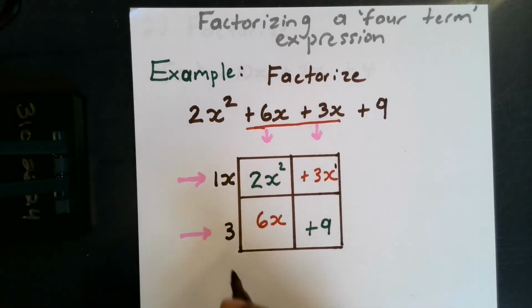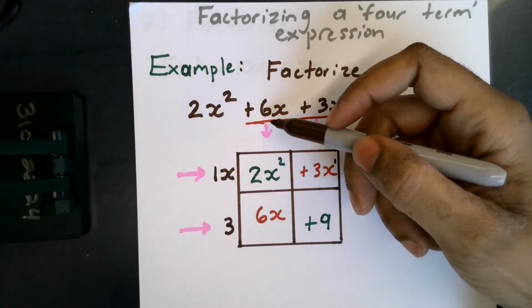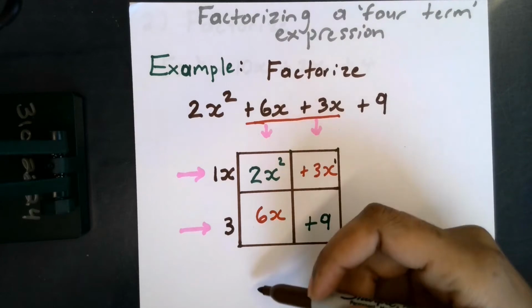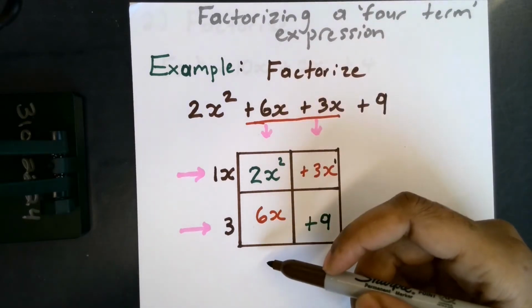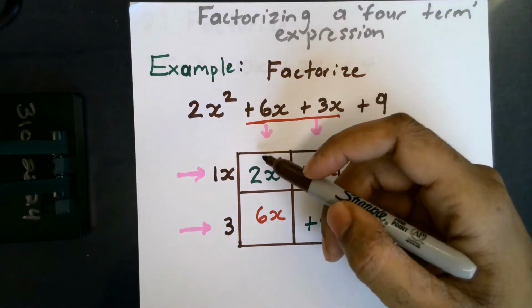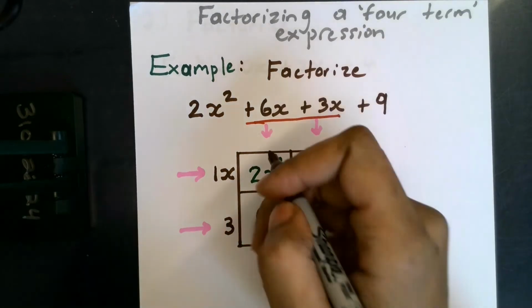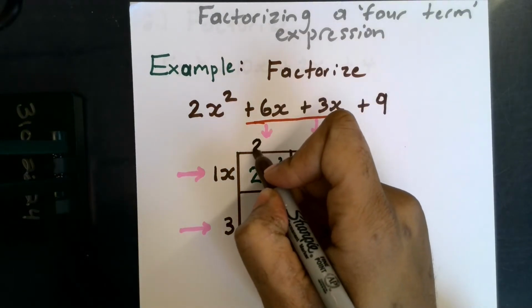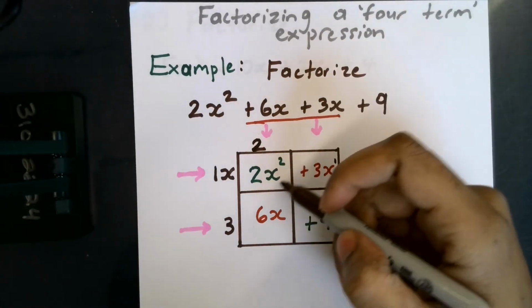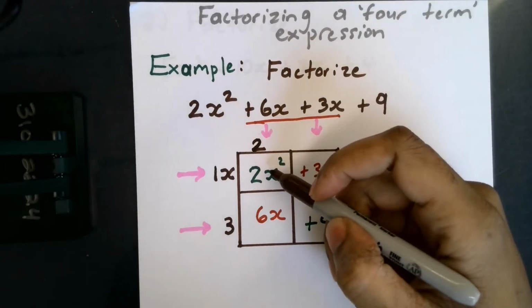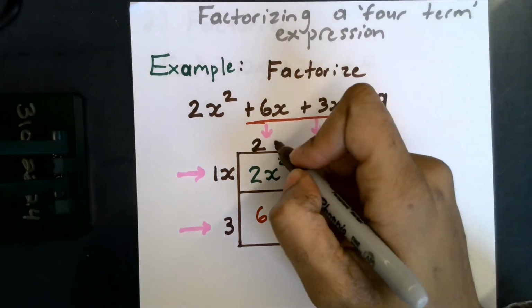Okay? Let's look at the arrow pointing in this direction. Our GCF of 2 and 6 is 2. Our GCF of x squared and x is x.